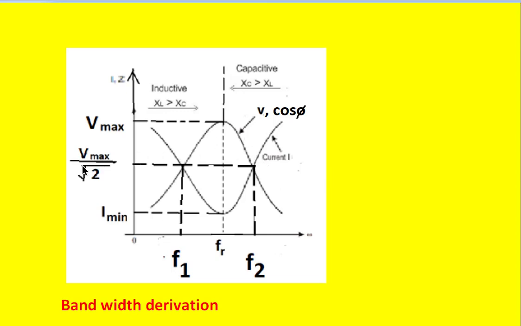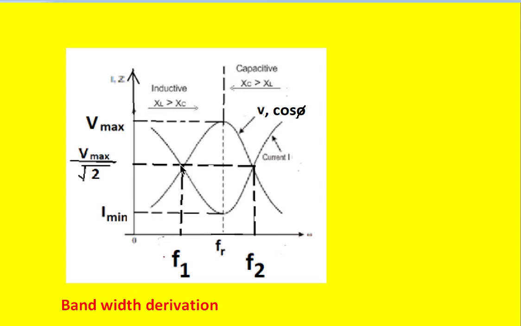Here, to get the half power cutoff frequencies, we divide V max by root 2. This is the maximum voltage condition, whereas this is the half power frequency voltage, that is Vm by root 2.